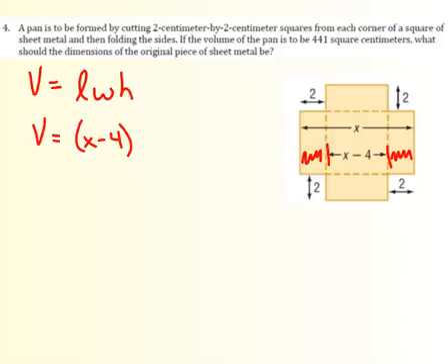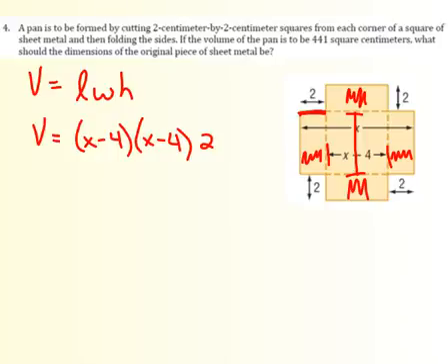It also says it's a square, so if they subtract these 2 here and these 2 here, you also know the width is going to be X minus 4. Now the height is going to be this 2, because when these are folded up, that's going to make it have a height of 2.